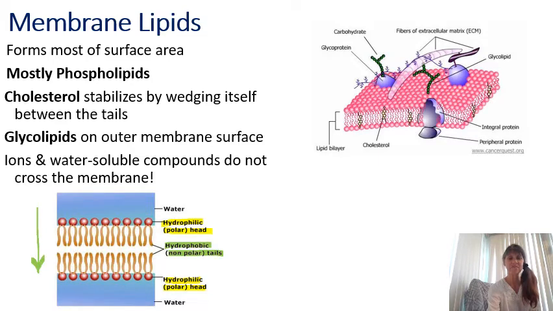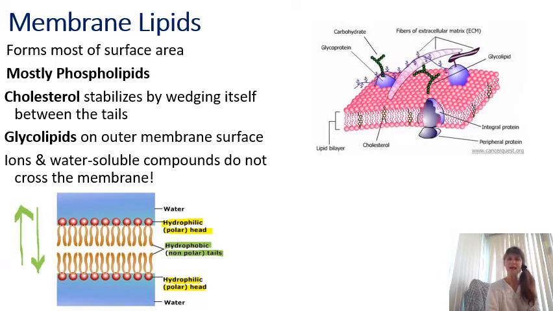So anything that is fat-soluble, like oxygen and carbon dioxide, can cross through easily. That makes a lot of sense, and it's very helpful for oxygen to come into the cells without needing any kind of special carrier, and for carbon dioxide to exit the cells.